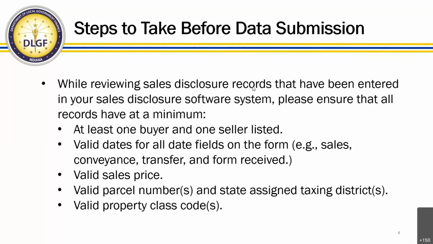Please ensure that all your sales records have, at a bare minimum, the following: at least one buyer and one seller listed with each sales disclosure transaction; valid dates for all date fields on the form, so this would be sales date, conveyance date, transfer date, and the date the form was received; a valid sales price; valid parcel numbers and state-assigned taxing districts associated with the property numbers on that transaction; and a valid property class code.